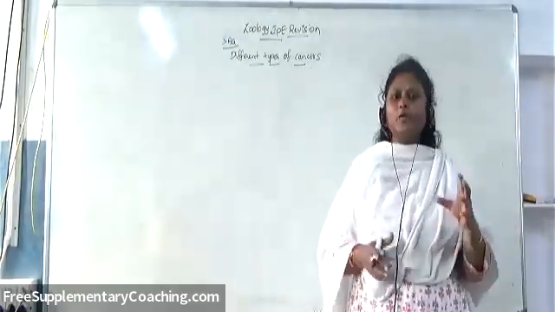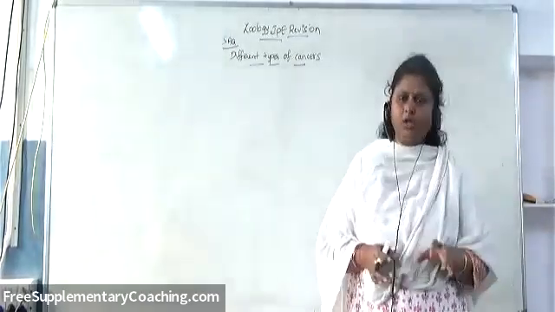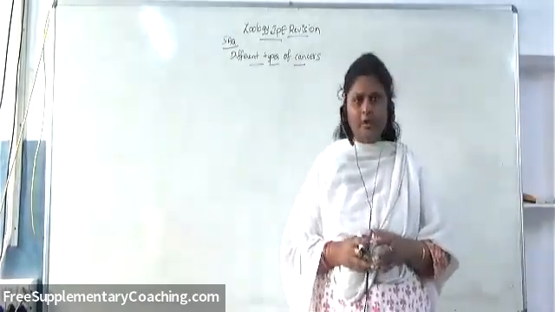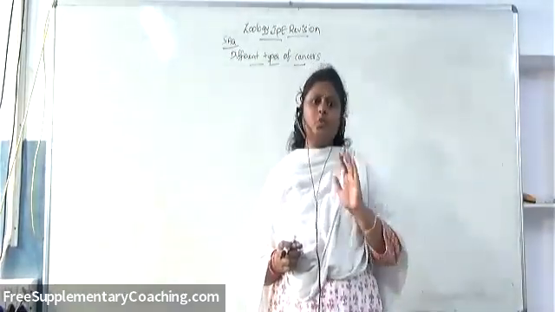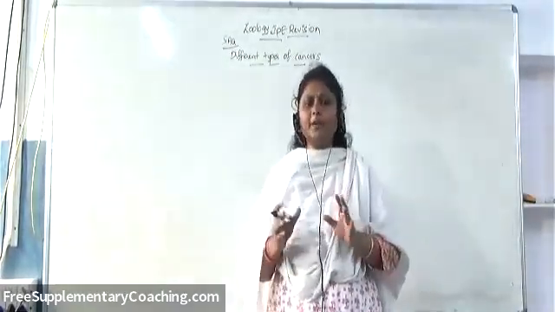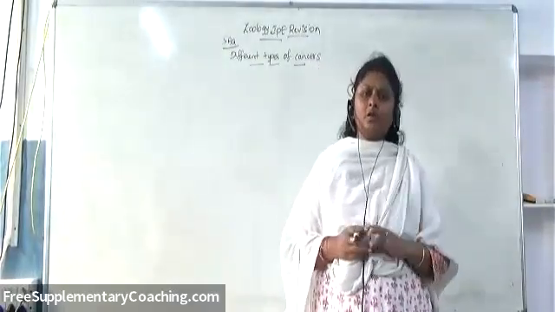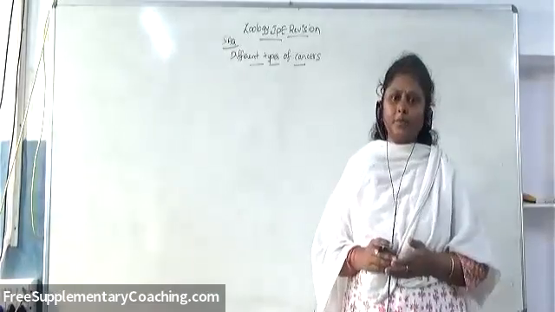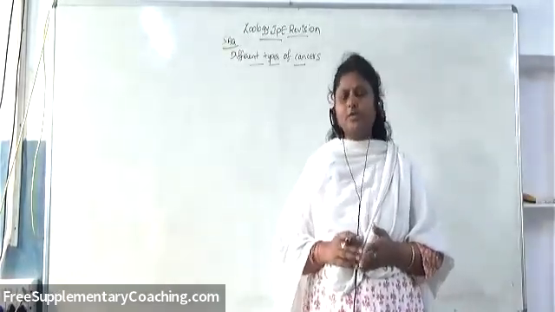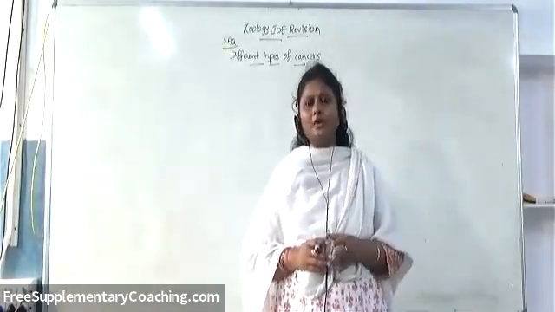It will develop into an unnecessary mass of tissue, which is called a tumor. And if the tumors are localized, restricted only to a particular part of the body, then they are called benign tumors. And if the tumor spreads from one part of the body to another part, then that is called a malignant tumor or cancer.